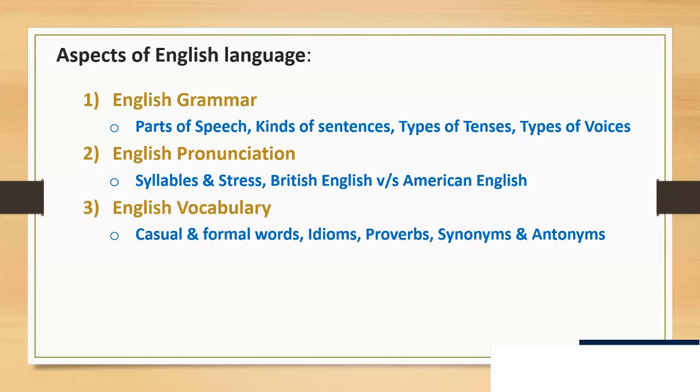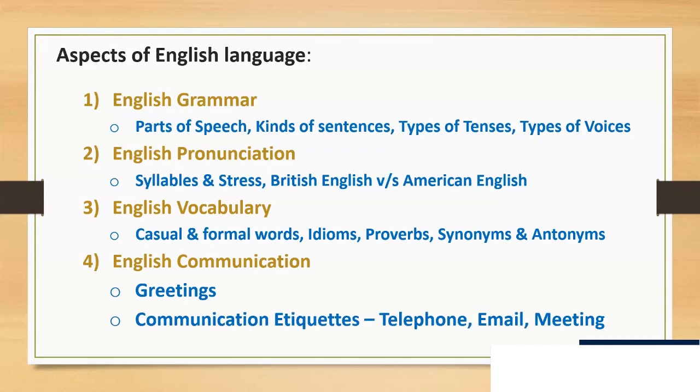Then, of course, English vocabulary: knowing maximum words and their meanings, which includes casual and formal words, idioms, proverbs, synonyms, and antonyms. So in English vocabulary, we will be discussing that. And then finally, English communication, or corporate communication.